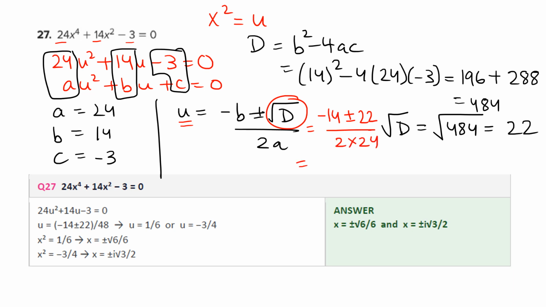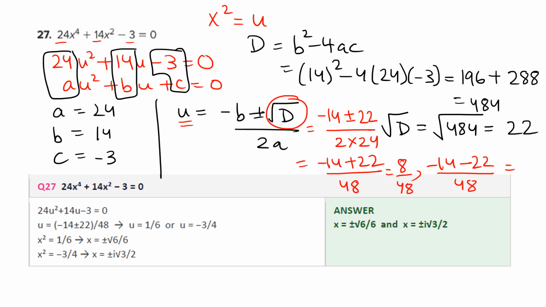Simplify what it will be. Now I'm breaking it into two parts, one with positive sign, one with negative. Denominator is 48. Minus 14 plus 22 and minus 14 minus 22. Okay, find the two values. You may use your calculator to save your time. So 22 minus 14, that's going to be 8. So this is 8 over 48.